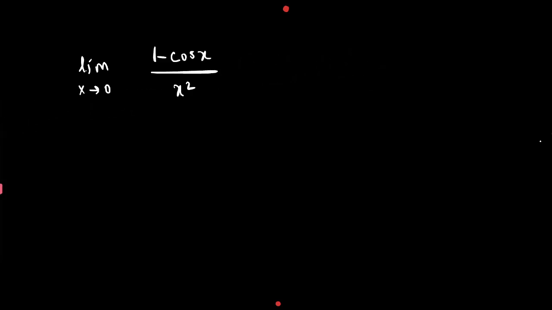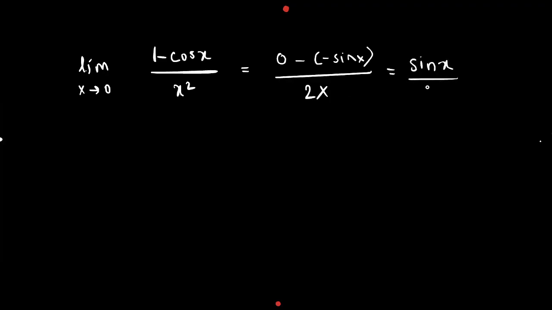Taking the derivative of our numerator, the derivative of 1 is 0, minus the derivative of cosine x, which is negative sine x, and the derivative of our denominator is just 2x. This gives us sine x over 2x.